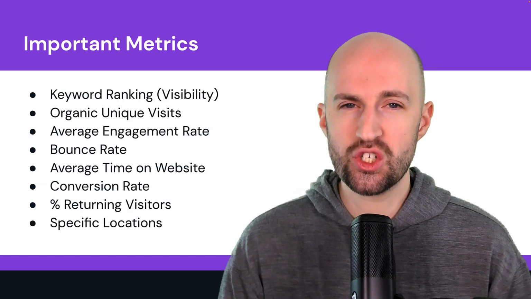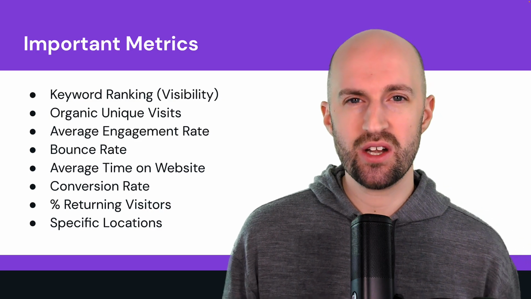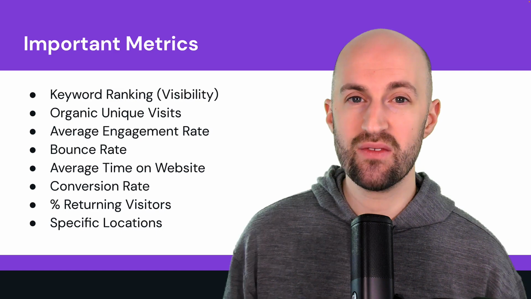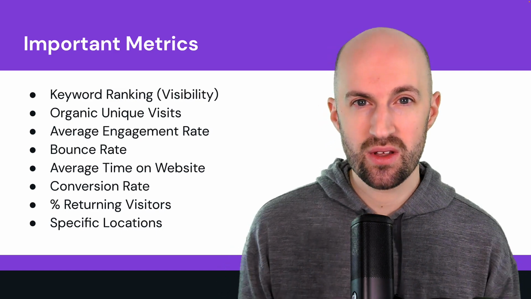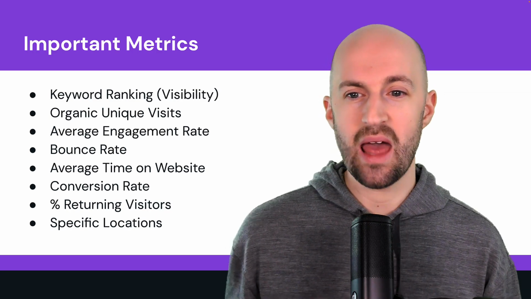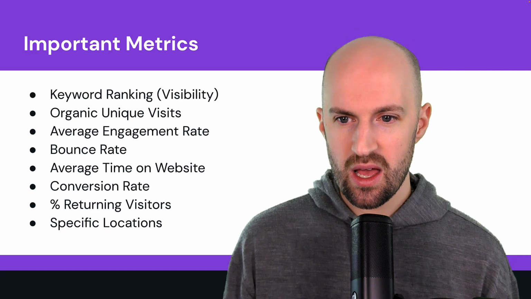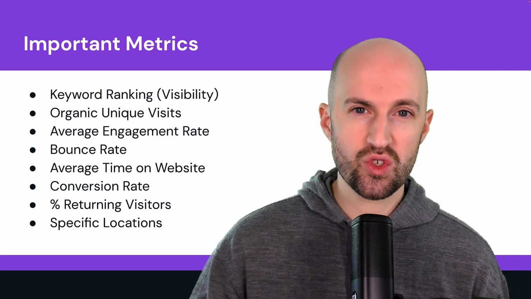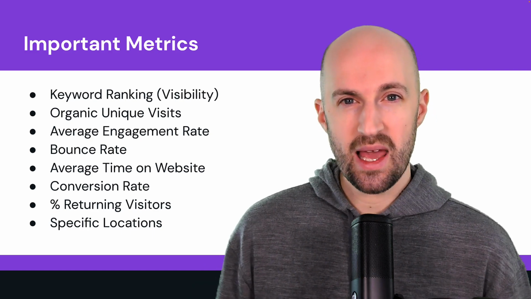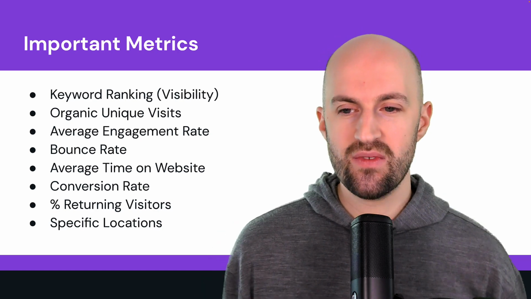Some important metrics to keep in mind when measuring the performance of international SEO are keyword ranking, visibility in different countries, organic unique visits from those countries, average engagement rate, and bounce rate. You want a low bounce rate, because bounce rate is when someone lands on the site and leaves within a few seconds, and you want less of that.